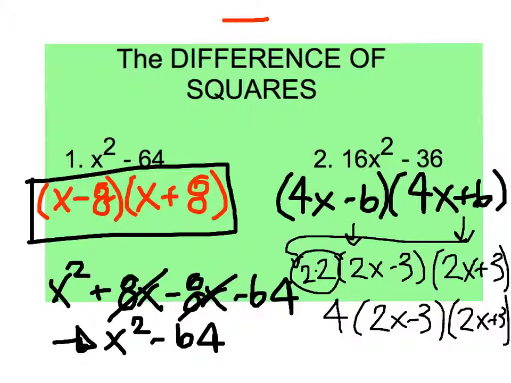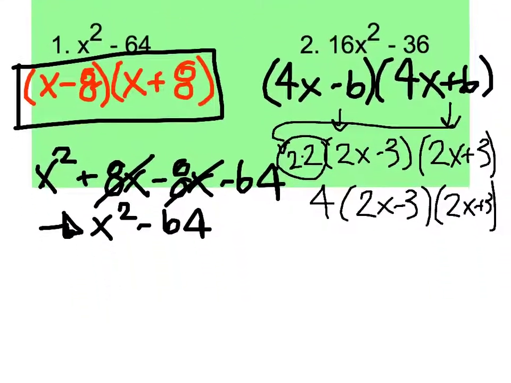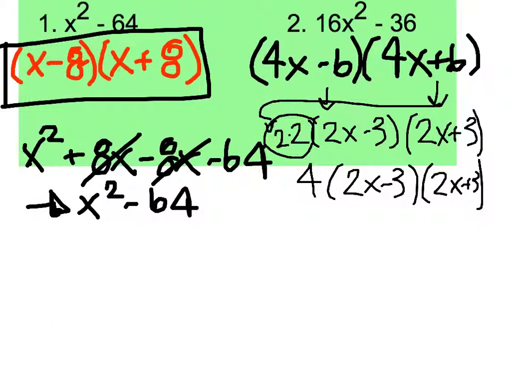Now, to avoid taking out a greatest common factor in the end, like I had to do there, I could have taken my greatest common factor out at the beginning. So if I look at my original problem, I could have factored a 4 out right away. So let me just redo this problem here.